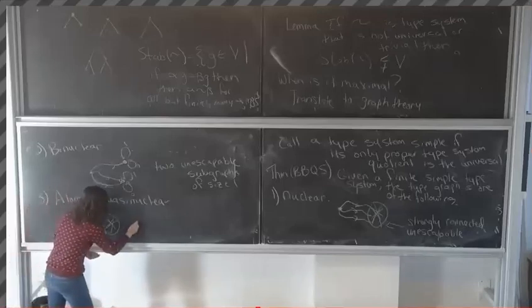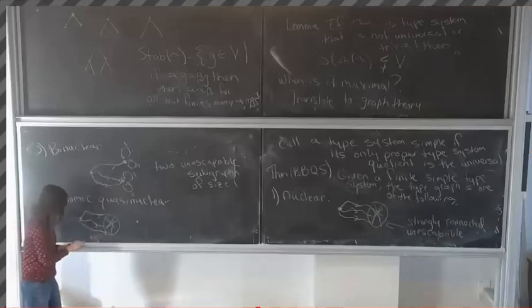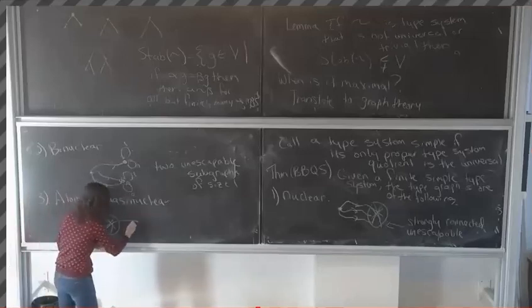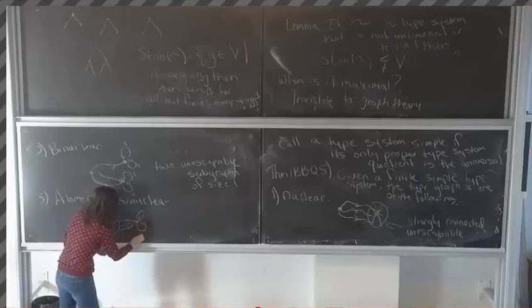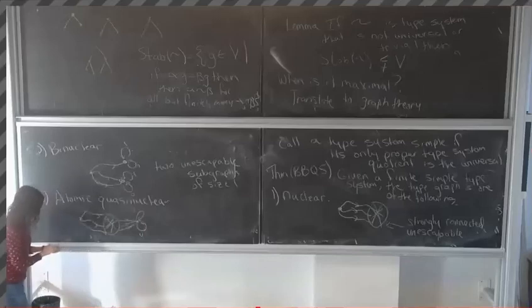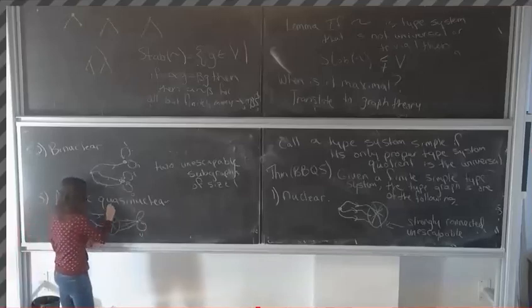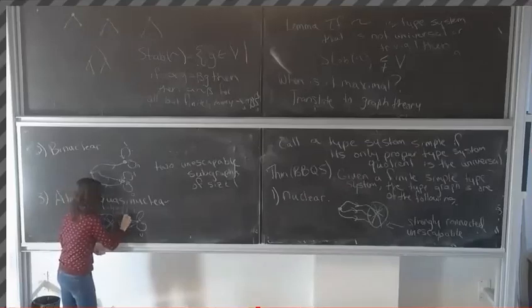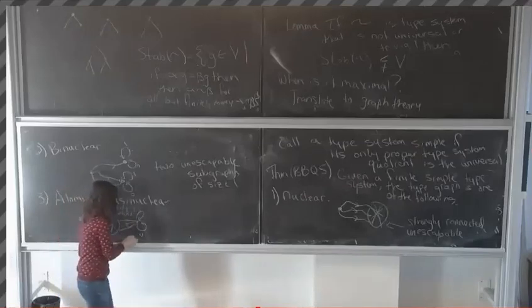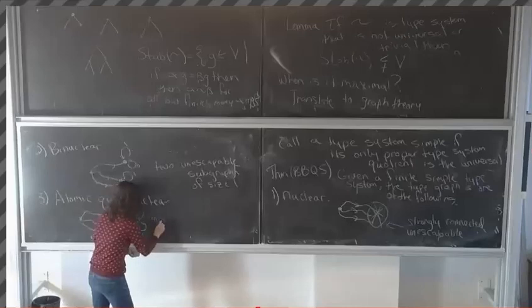It can escape, but if it escapes, it only ever escapes through this one single vertex over here, and this vertex is unescapable. So this is a strongly connected piece, and then we have an unescapable vertex here.